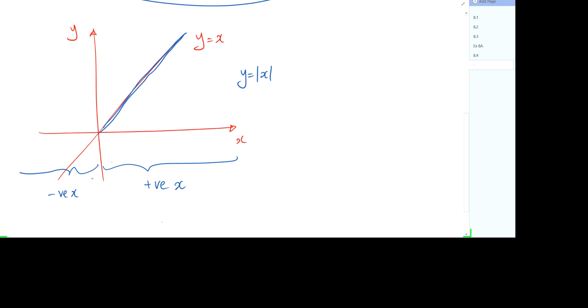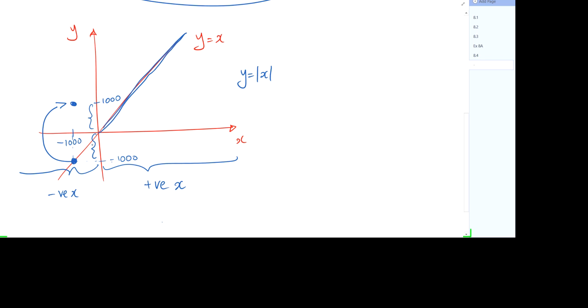So let's say this is our value -1000. In our y equals to x, this will be negative 1000 as well. But with the modulus sign, this y value of negative 1000 becomes positive 1000, which is over here, 1000. Same distance as this. Okay? So this particular point is now shifted up to this point.